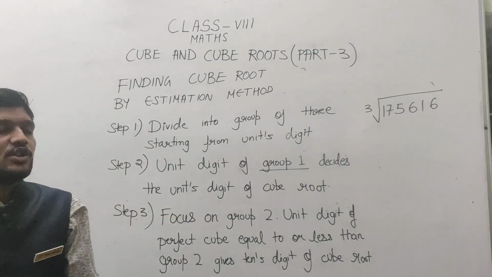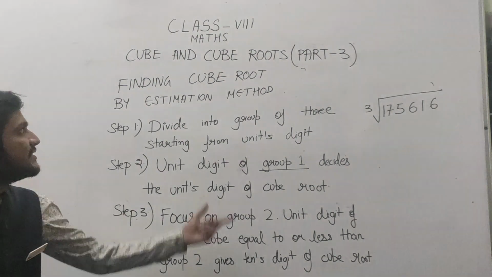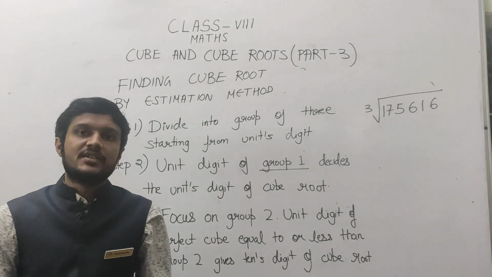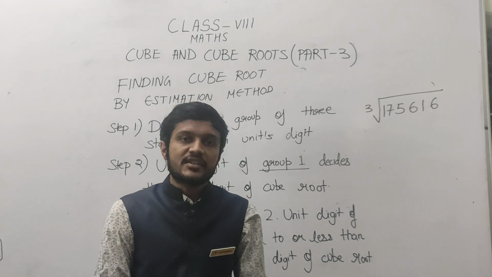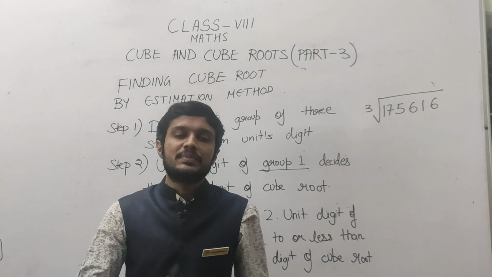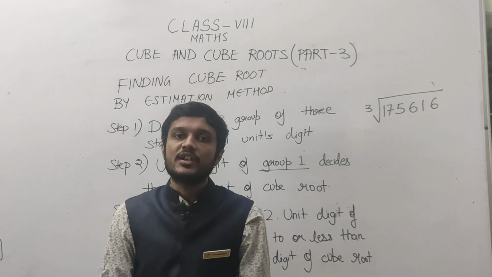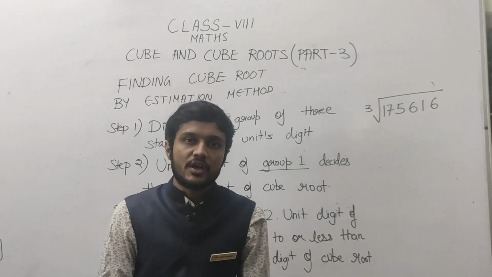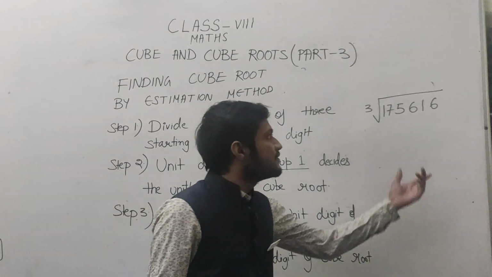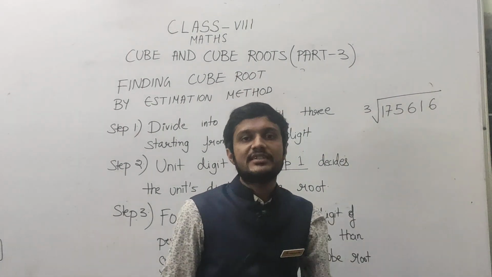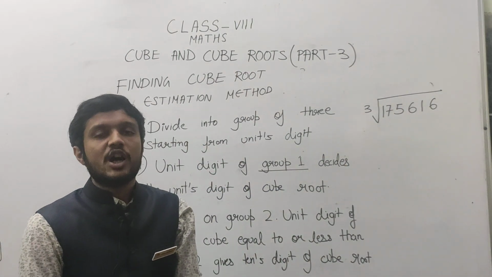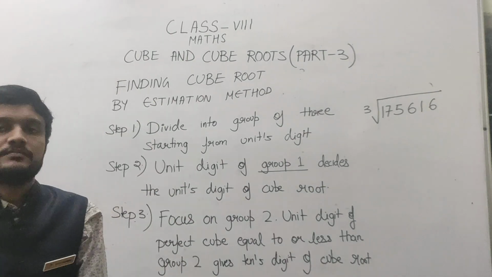Now the second method of finding cube root is the estimation method. In this method you don't have to do any actual calculation. We can simply estimate the cube root of the given perfect cube number. For example, if someone asks you the cube root of 175616 by estimation method, what will you do?